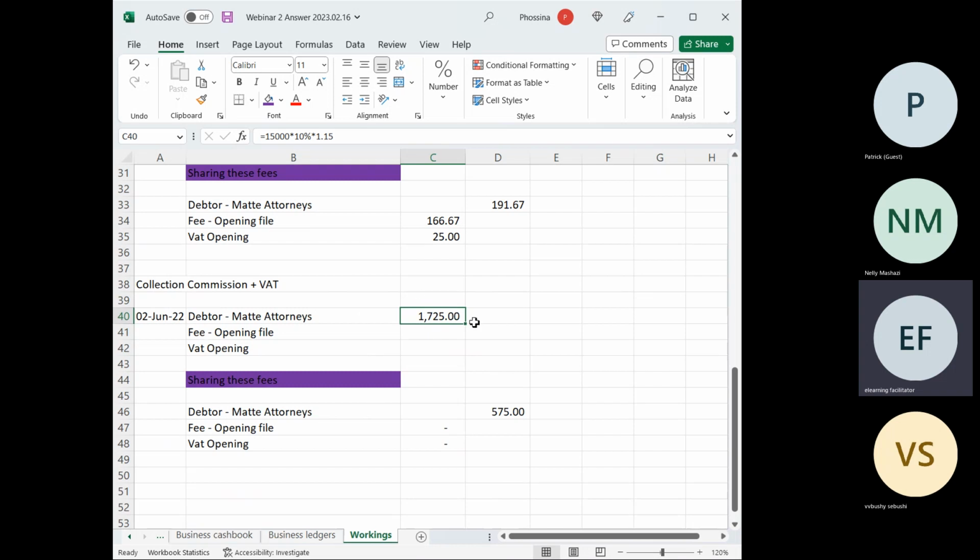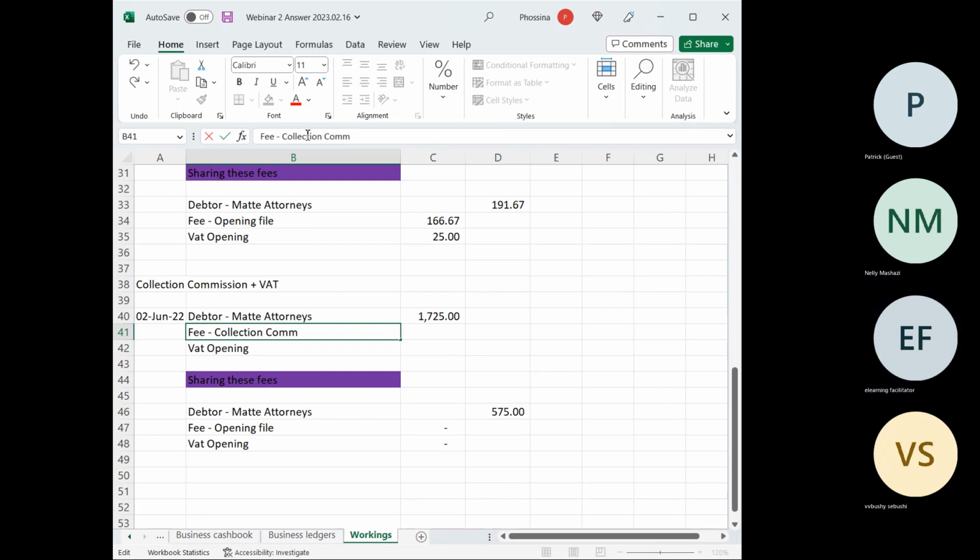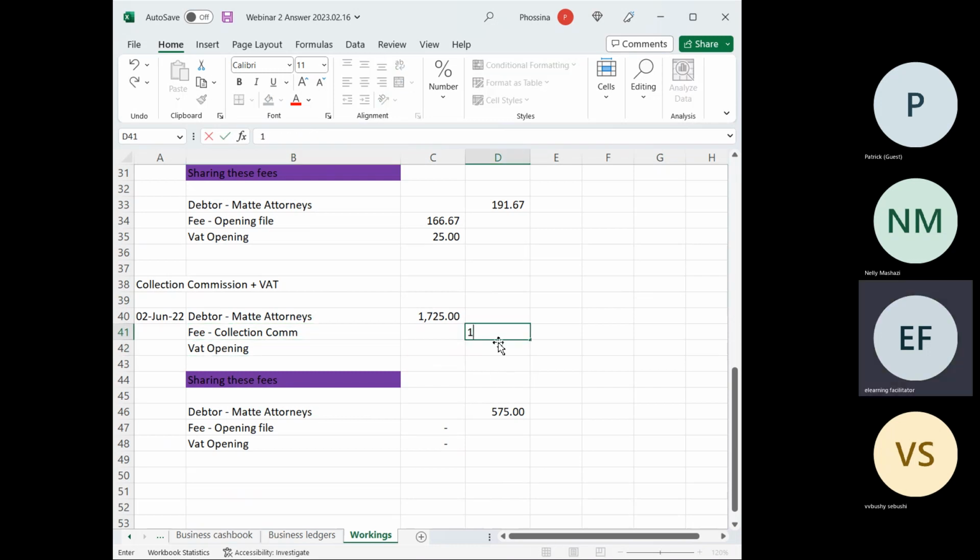This is what our data is debited with. And then the fee for the collection commission. So it is 10%, 15,000. 15,000 multiplied by 10%. So that is the fee. And then the VAT for the collection commission.